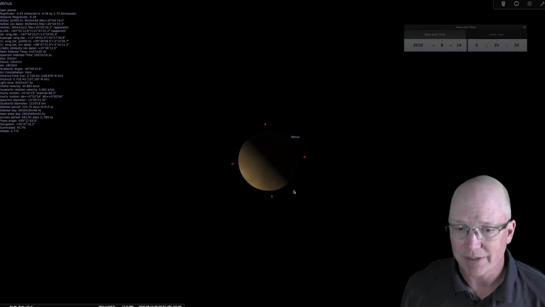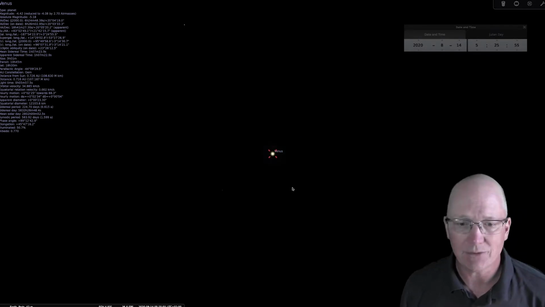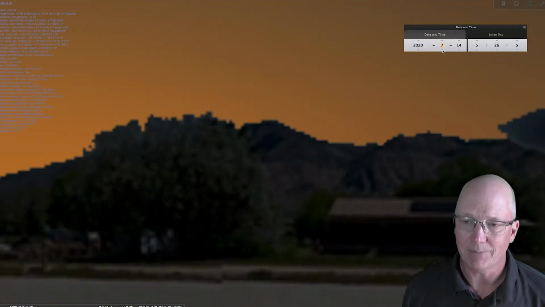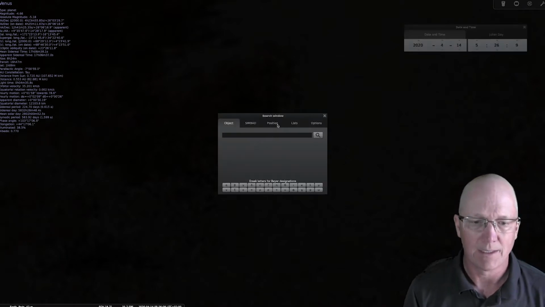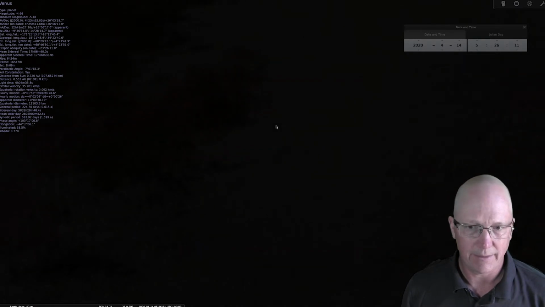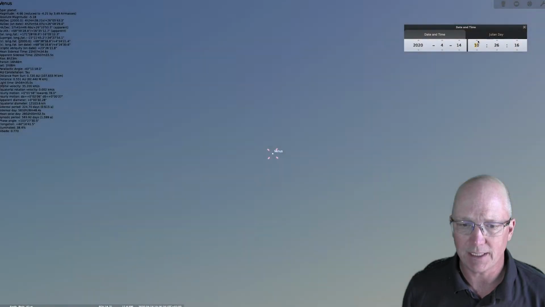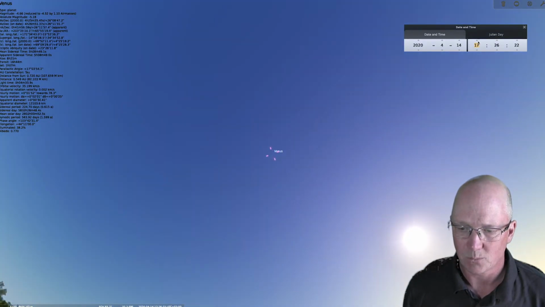We know from observations that Venus's orbital period is about 200 and some days. So I'm going to go back to early April and see where Venus is at that time. This is April 14th. Let me search on Venus again and see what time I see it. There's Venus right there.